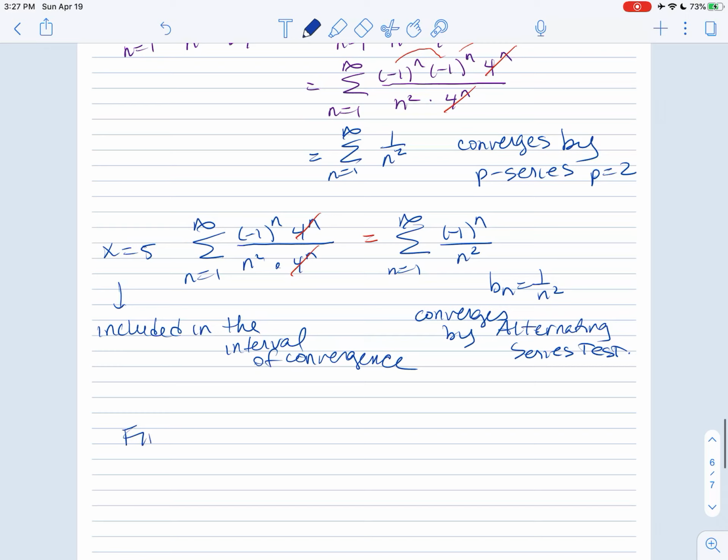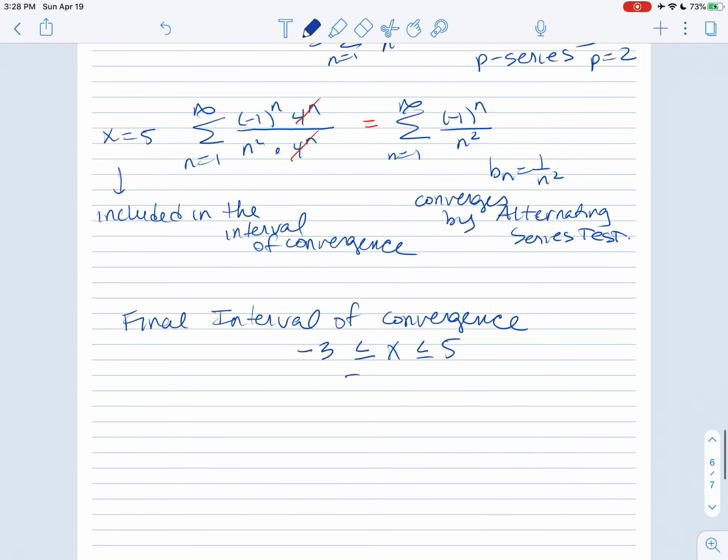So our final interval of convergence is going to be -3 less than or equal to x less than or equal to 5, or you can write it with closed interval notation.